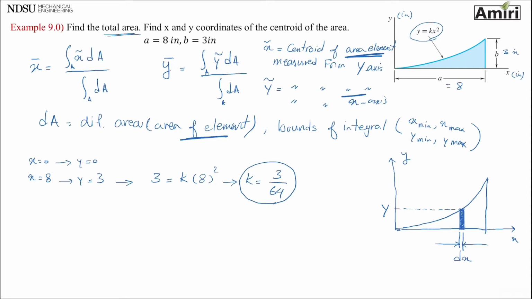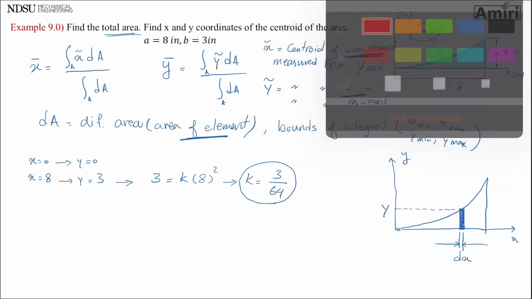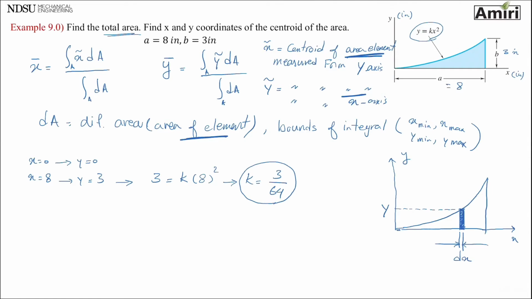The other thing that I'll do is I'm going to find x tilde, centroid of area element measured from y axis. This is very thin, so at any given time this area is at x tilde. y tilde is the centroid of area element from x-axis.